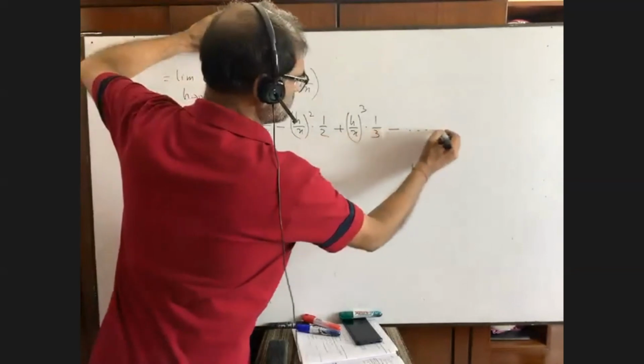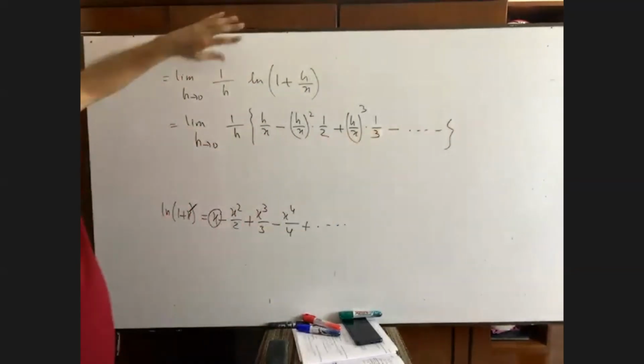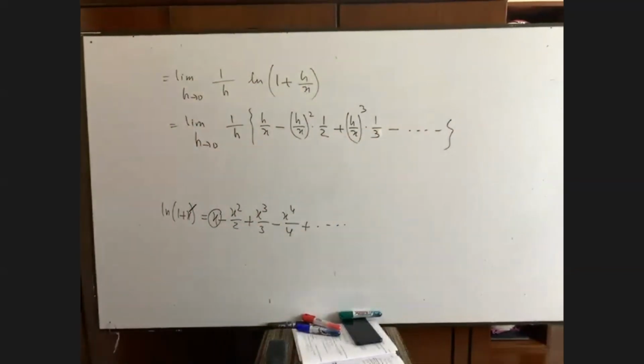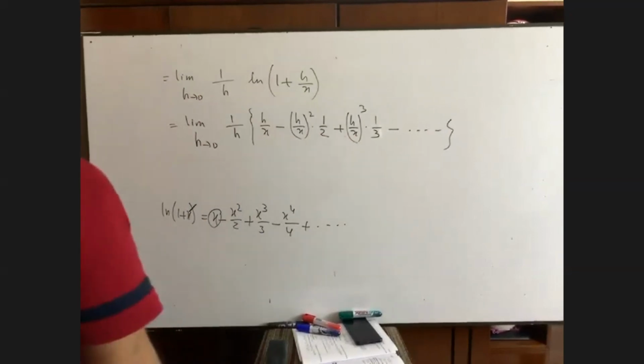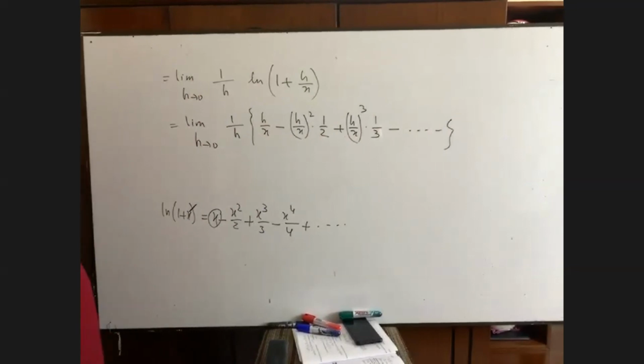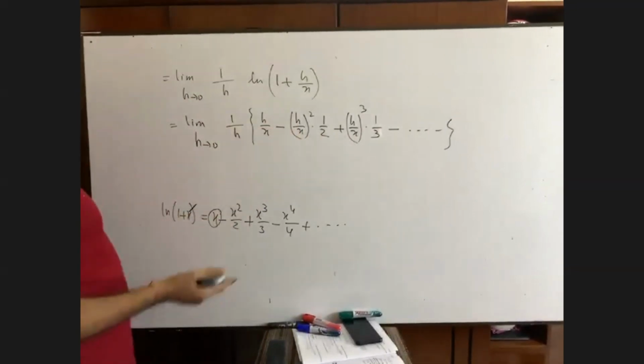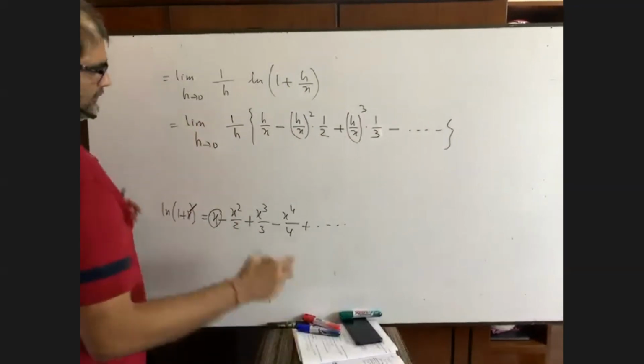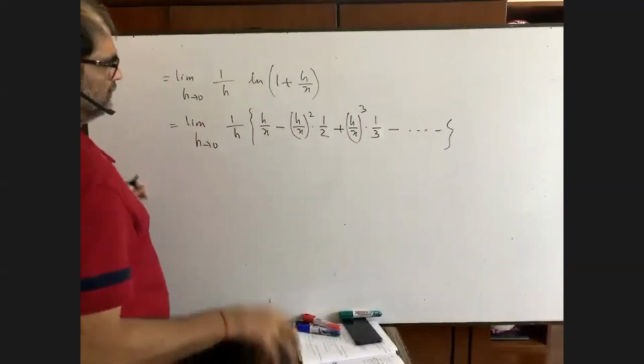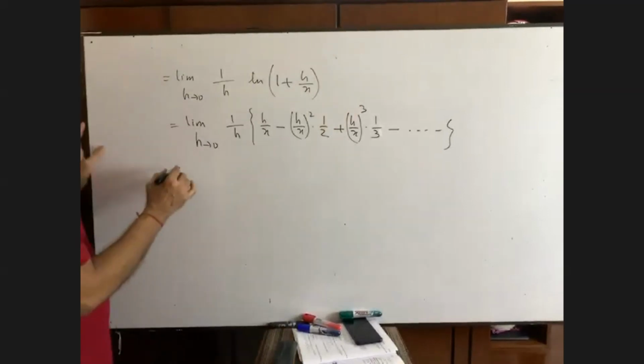If you don't get me, please talk to me. Actually, for x, we have put h by x. Nothing else we have done. Now, you divide by h.